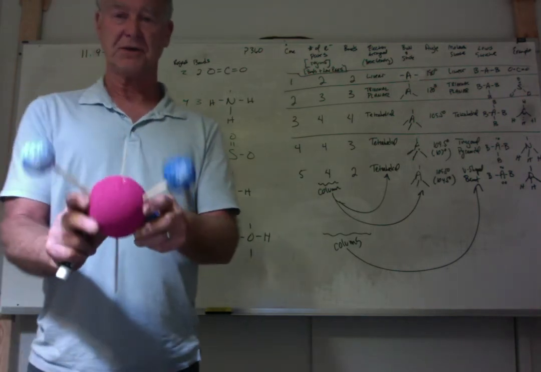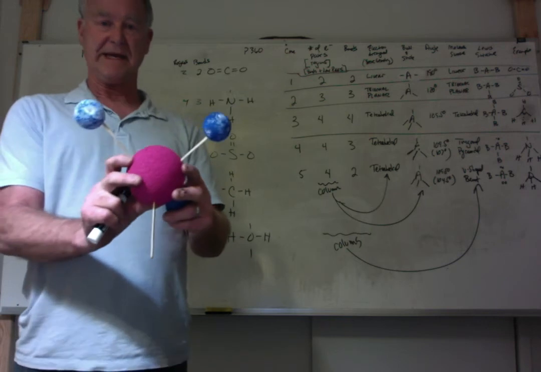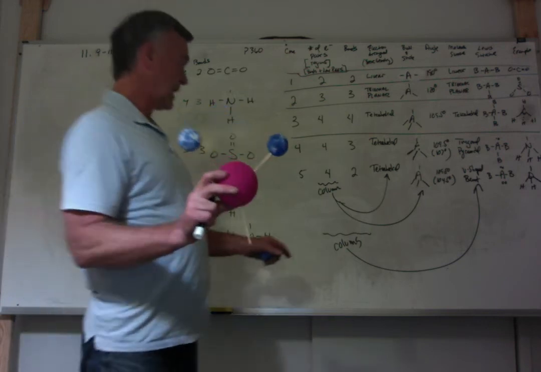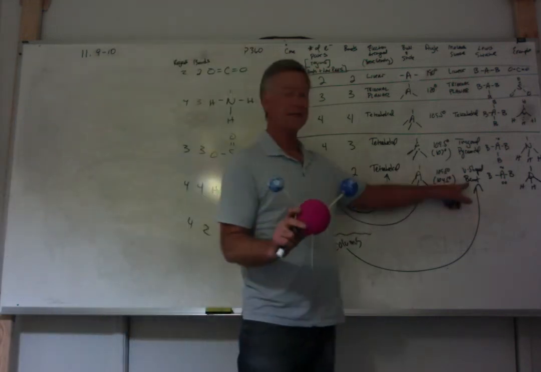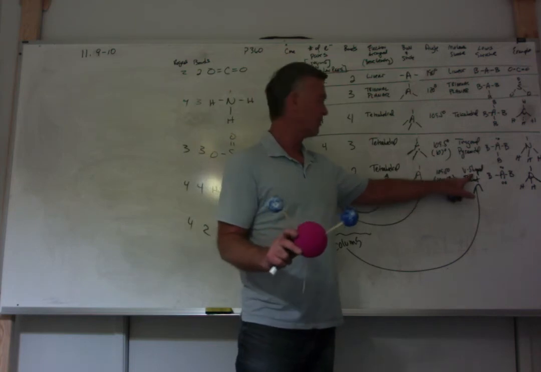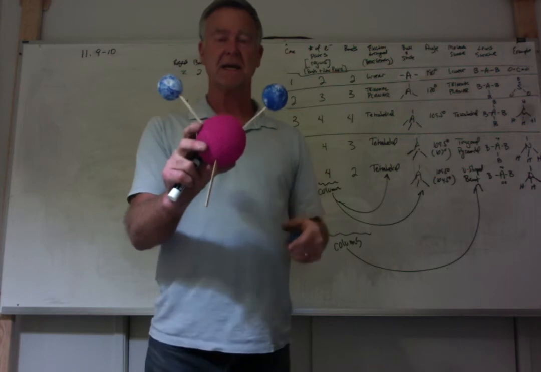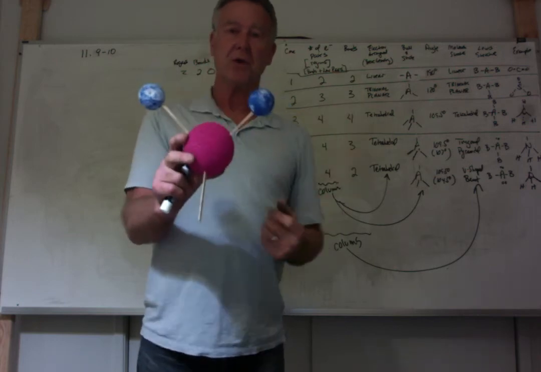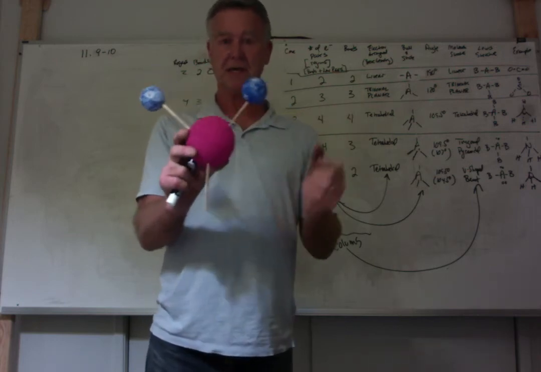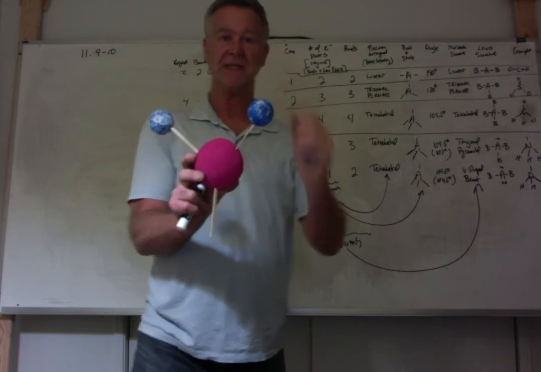And the molecule ends up looking something like this. We call this a bent molecule. Your book also calls it V-shaped. V-shaped certainly makes sense. Bent, I don't know where that comes from, although it does look like somebody took a linear molecule and bent it.